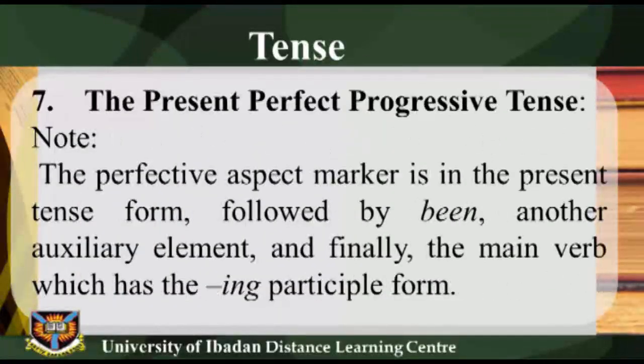Notice that the perfective aspect marker is the present tense form and it is followed by been, another auxiliary element, and finally the main verb which has the ing participle form.